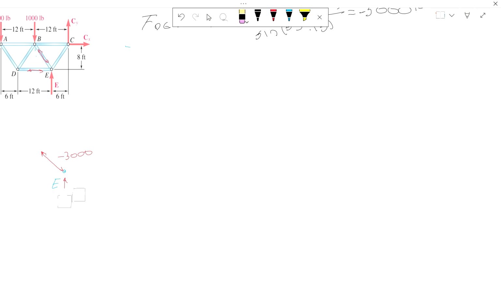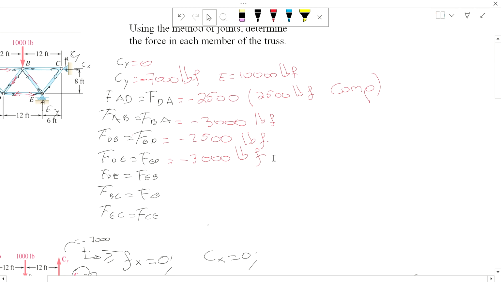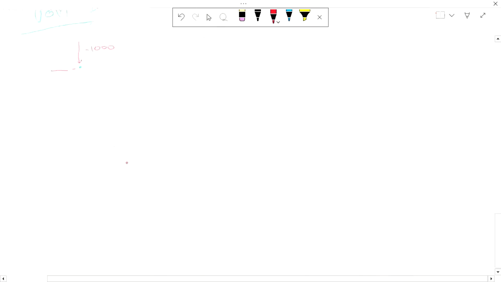So actually what we need to do is compute point B first. Point B. All right, so at point B we have a force of negative 1000. We have a force of A to B, which that force A to B is negative 3,000.